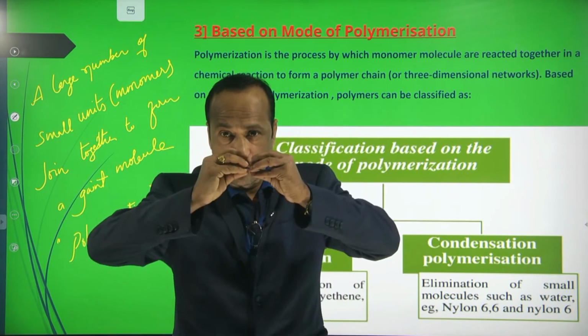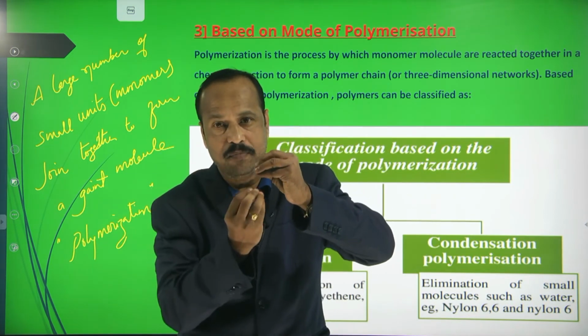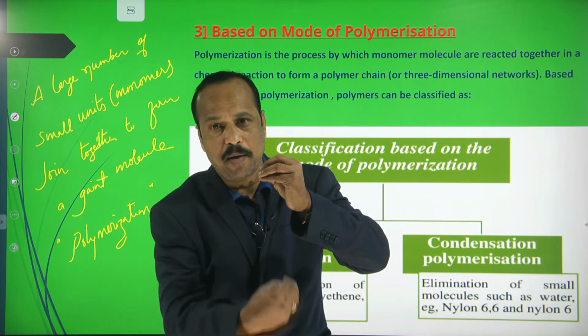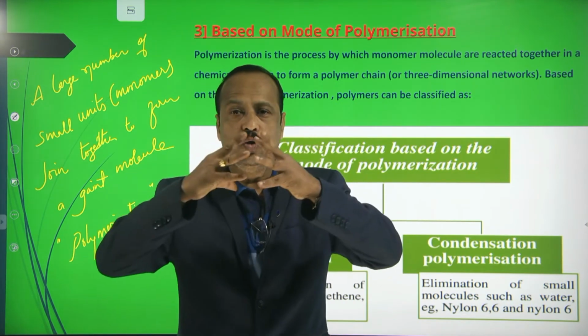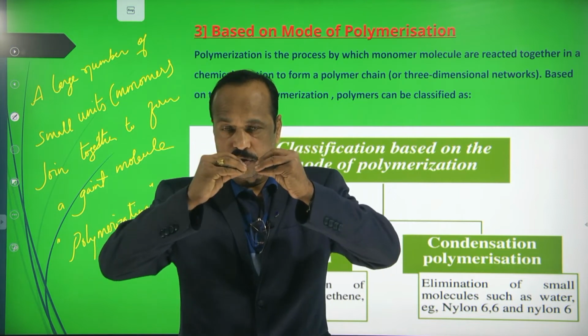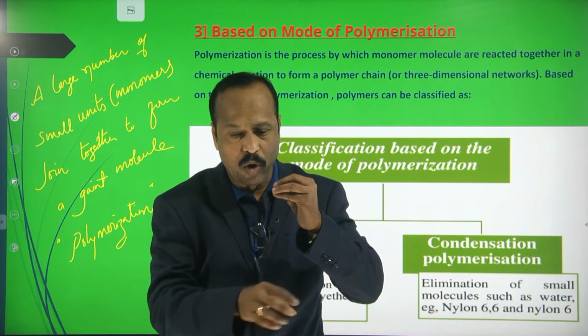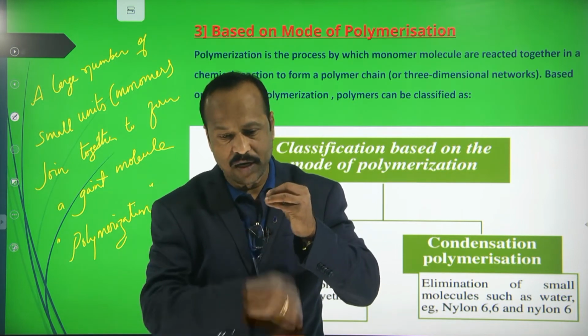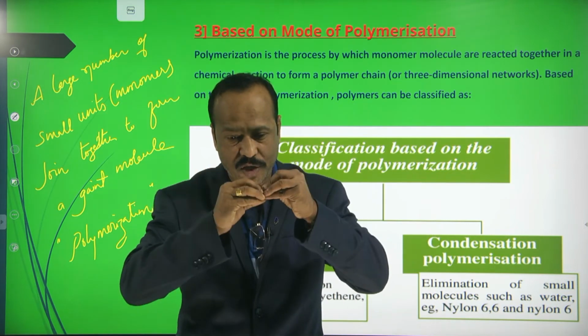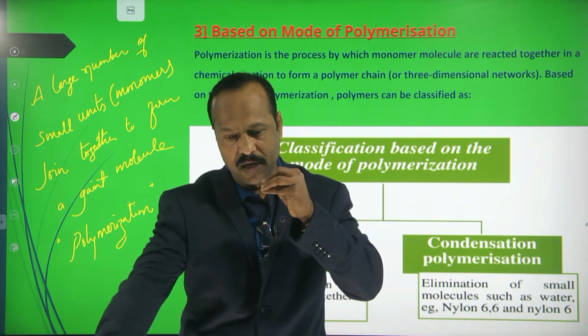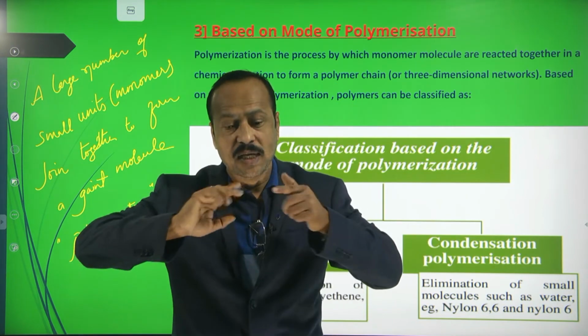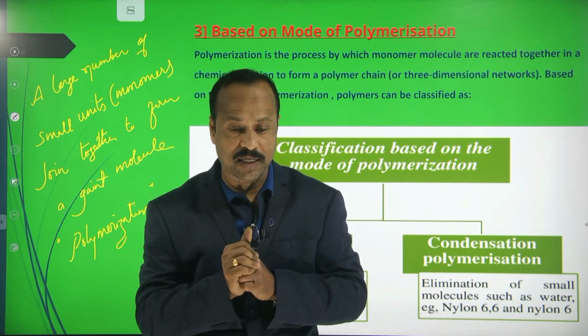When two molecules join, some other atoms or groups of atoms will be lost. Generally when two molecules combine, sometimes small molecules like water will be removed. Water is removed from this molecule, water is removed from that molecule, and the remaining parts will join. This is called condensation polymerization.